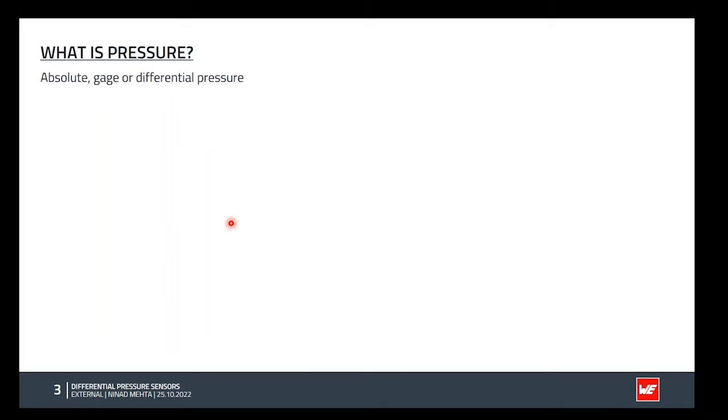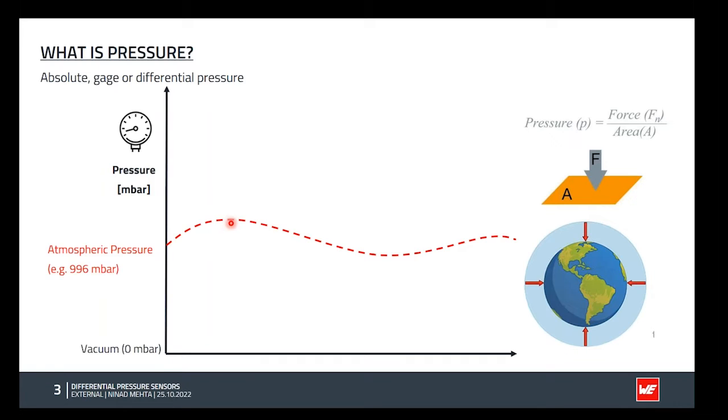So what is pressure? Basically, pressure is the force applied per unit area, and we all are aware of atmospheric pressure, which is due to the atmosphere around the earth. When you are near the surface of the earth, you have a higher pressure due to more atmosphere, and if you go higher up in altitude, then you will have less pressure.